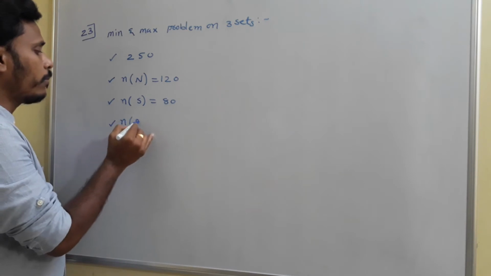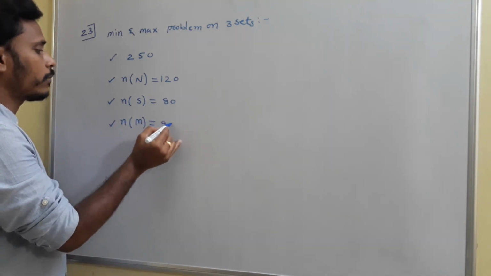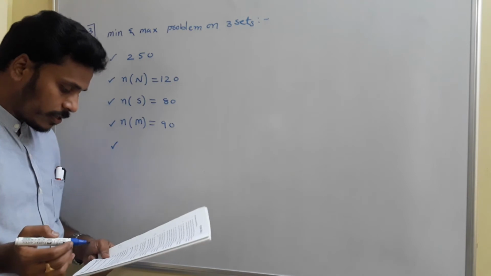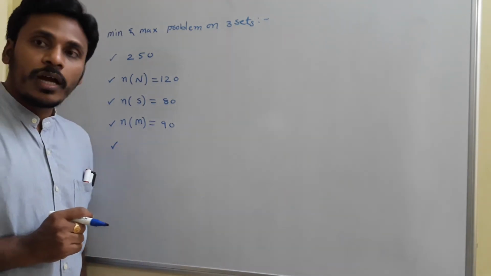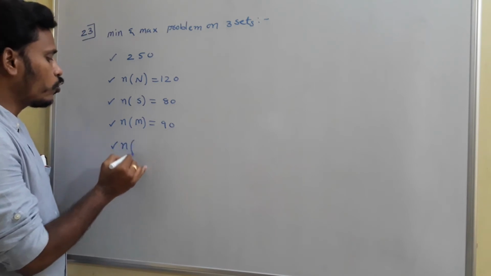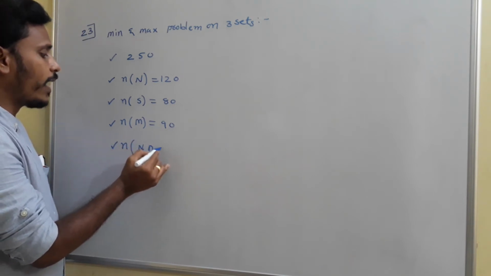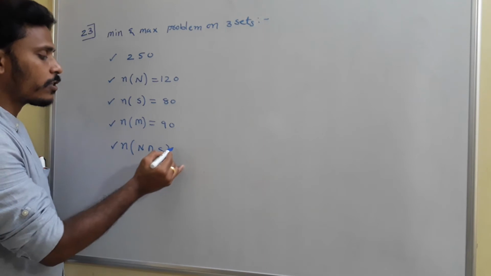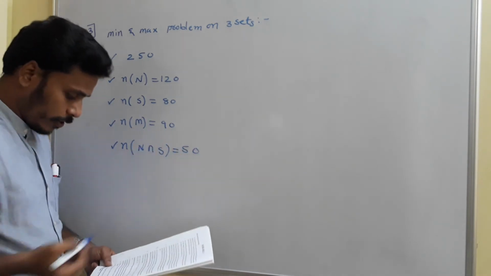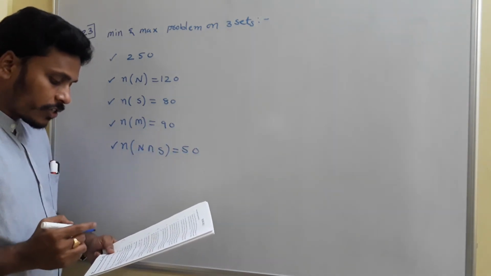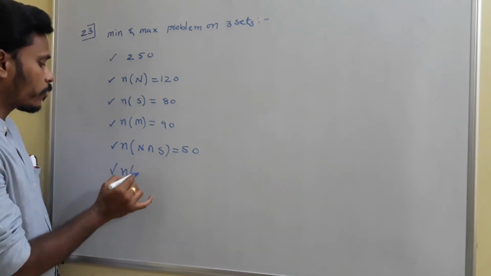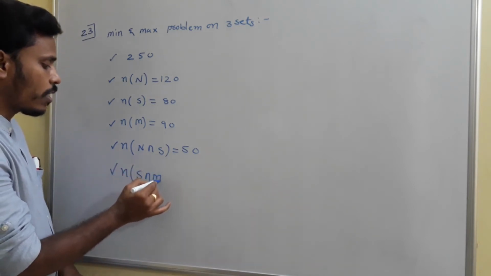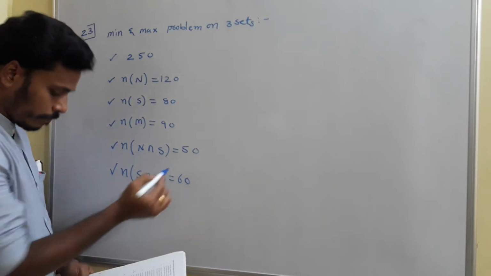So n of M is equal to 90. Okay. And the next thing is 50 students watch both news and sports channel. So n of news intersection sports is given as 50, right? And 60 students watch sports and music channel. So n of sports intersection music is given as 60.